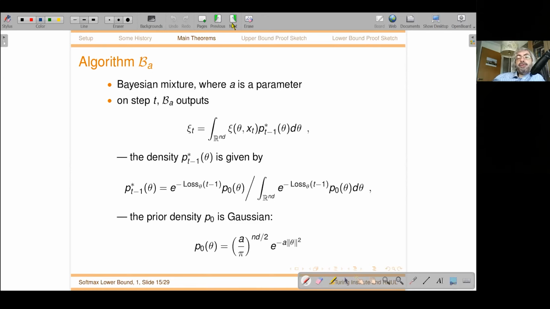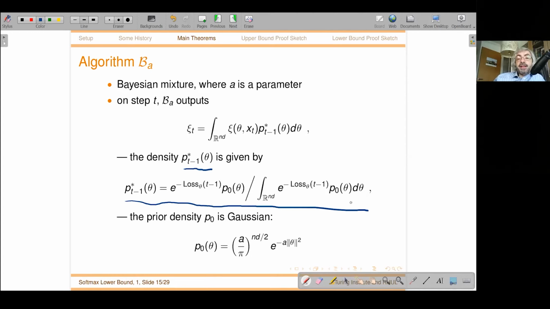So the algorithm works like this. On every step, we have a density function, which is calculated like this. Basically, it's the normalized exponent of minus loss.